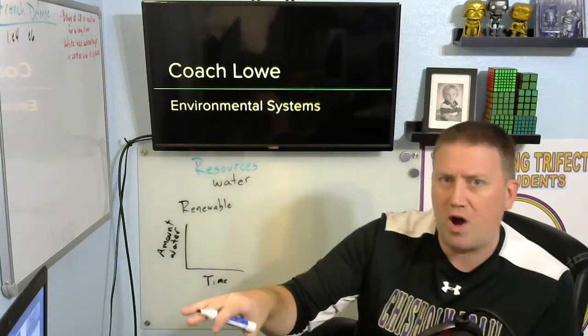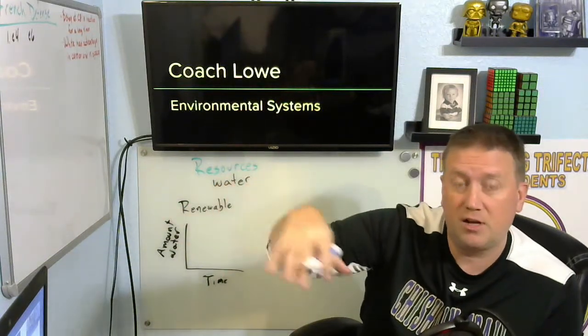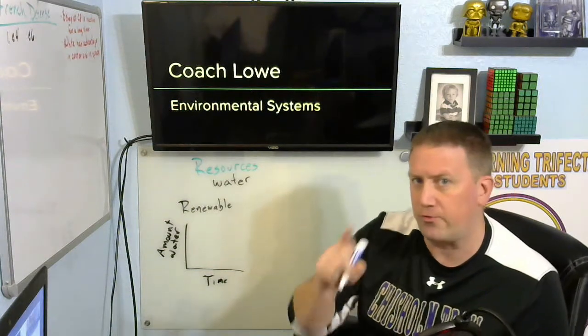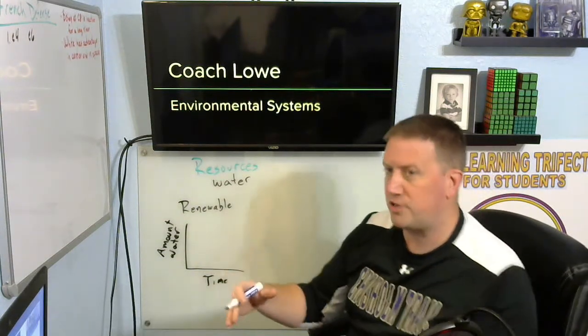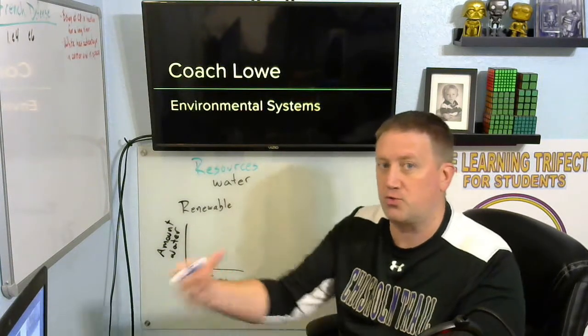When we're using water, we get it from streams, lakes, ponds, springs, things like that. All right. So the freshwater sources, the water cycle replaces water that's taken out of those reservoirs.